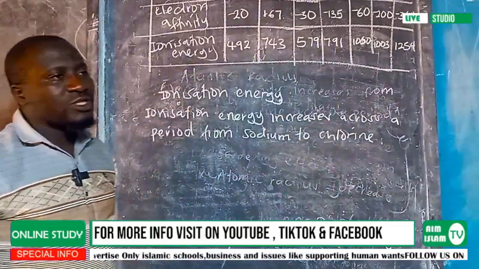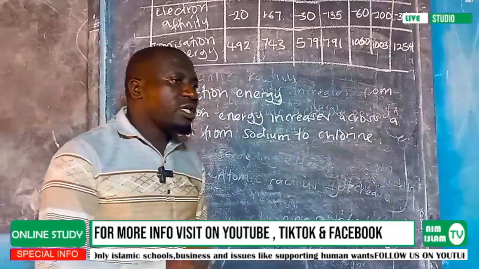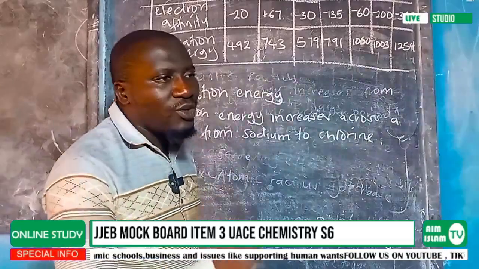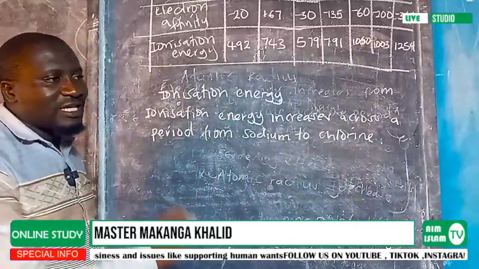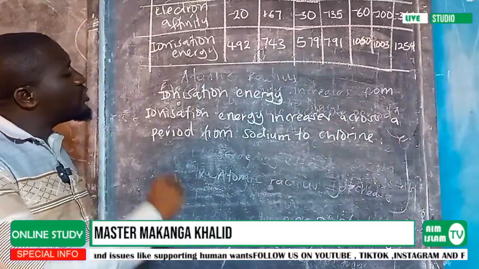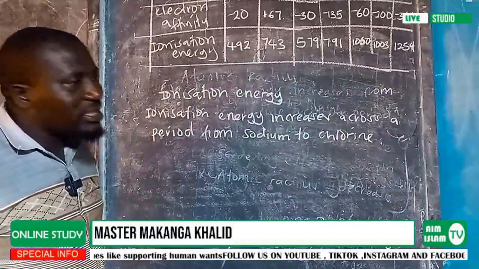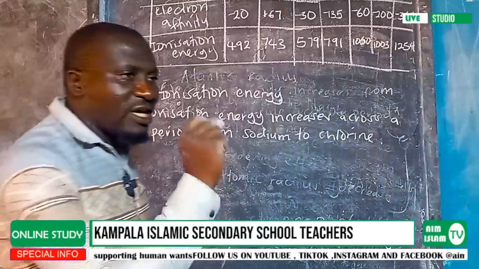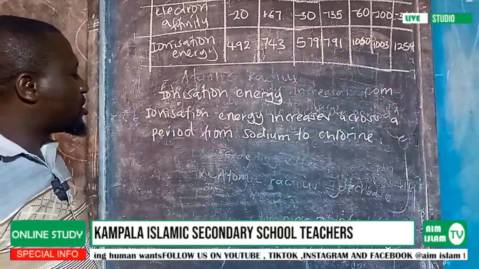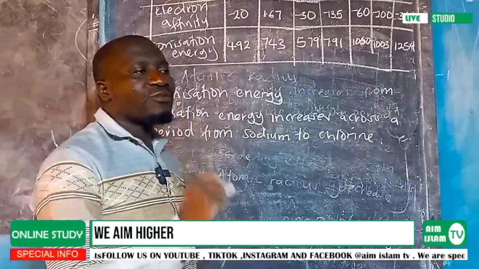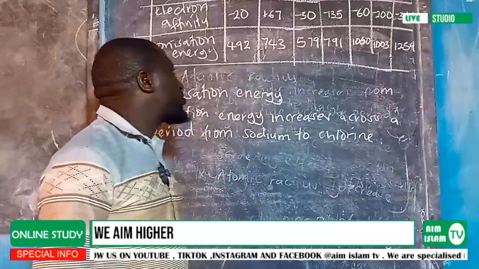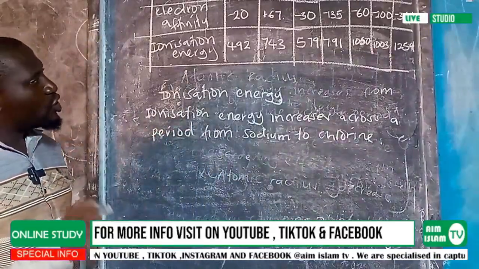And then the screening effect also increases, but only slightly. So the increase of the nuclear charge outweighs the increase of the screening effect. This reduces the atomic radius from sodium to chlorine.